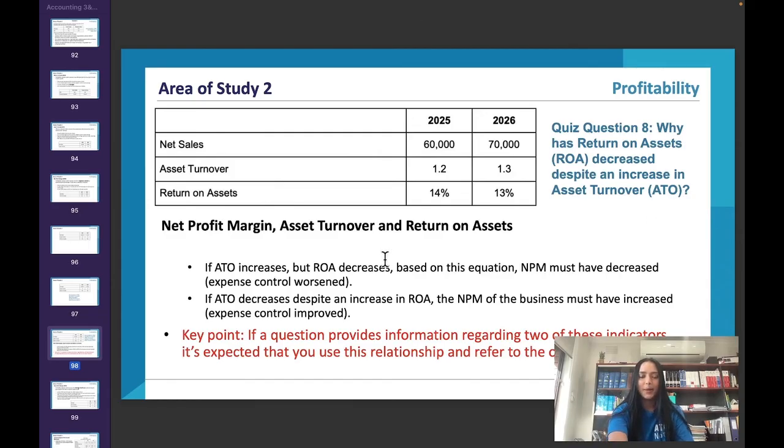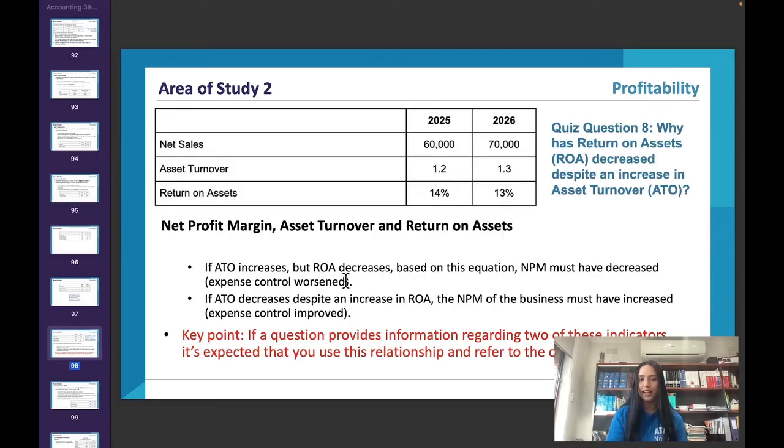Basically, if asset turnover increases but return on assets decreases, this means that net profit margin must have decreased, which means that expense control has worsened. So if we see an increase in asset turnover but a decrease in return on assets, that means the business has gotten worse at controlling its expenses, and because of that, net profit margin must have also decreased.